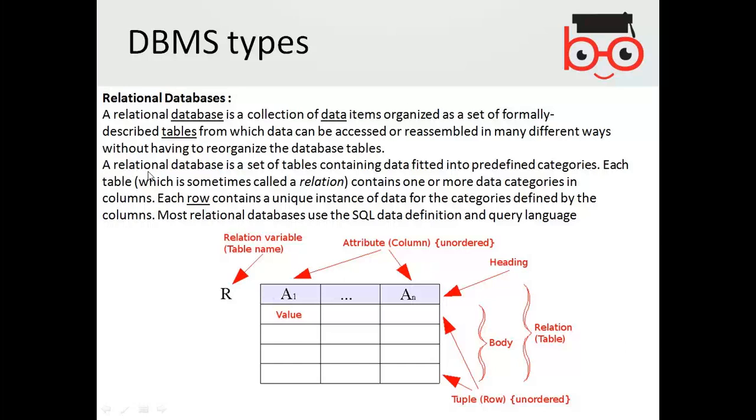A relational database is a set of tables containing data fitted into predefined categories. So, in the relational database, you will have to define predefined categories. For example, you have a student table: student roll number, student date of birth, student address, student courses, which must be predefined.